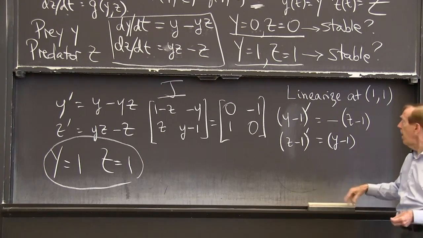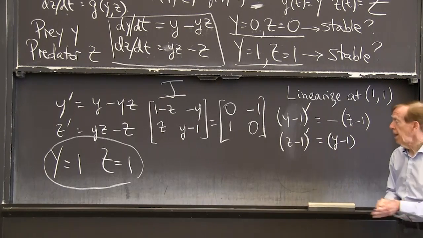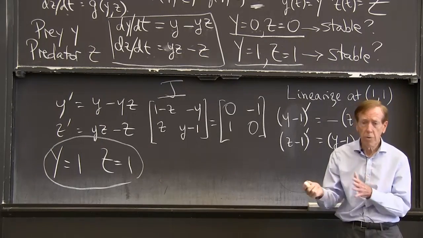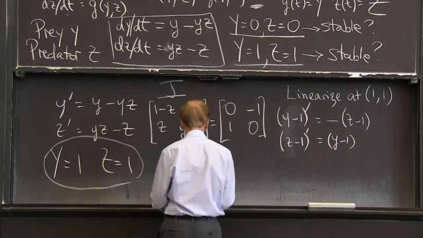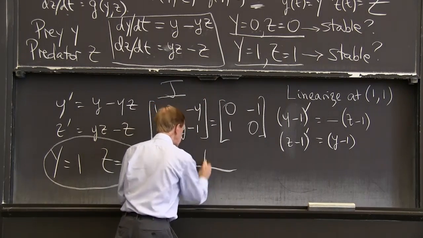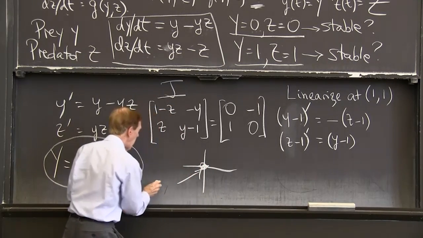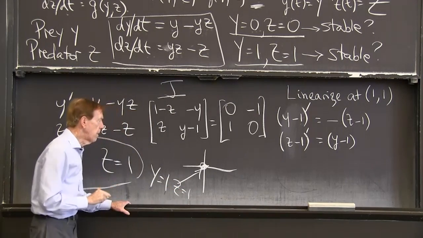As z starts dropping below 1, the rabbit population starts increasing. I get sort of an exchange of rabbits and foxes, an oscillation between rabbits and foxes. So right in the center there, that would be the point where y is 1 and z equal 1, the critical point.